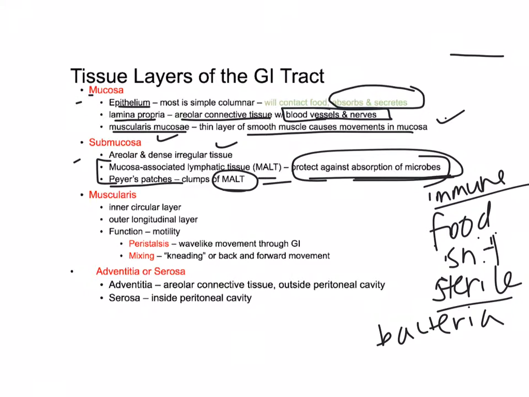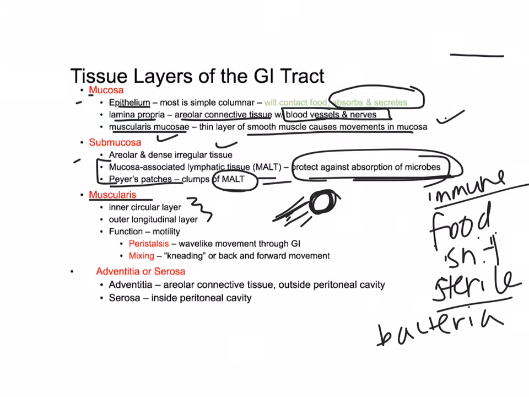Now the muscularis: most of the time there are only 2 layers, an inner circular layer, going like this, lining the hole, and then an outer longitudinal layer going this way. So we have muscles going in 2 directions. There are some exceptions to that, and we'll talk about those.